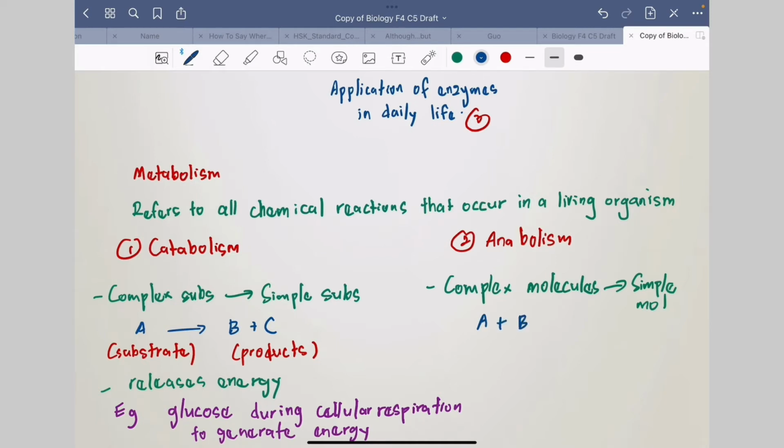A plus B, the substrates, will combine, synthesizing C, which is the product. And then this reaction will absorb energy.